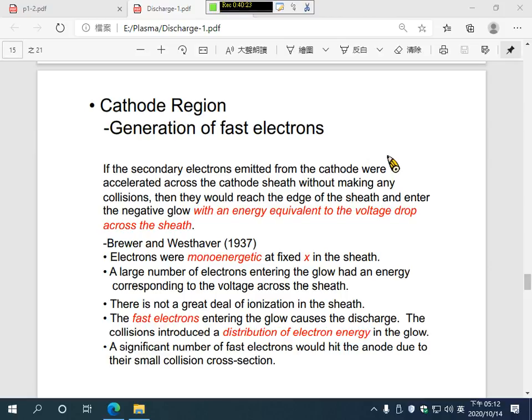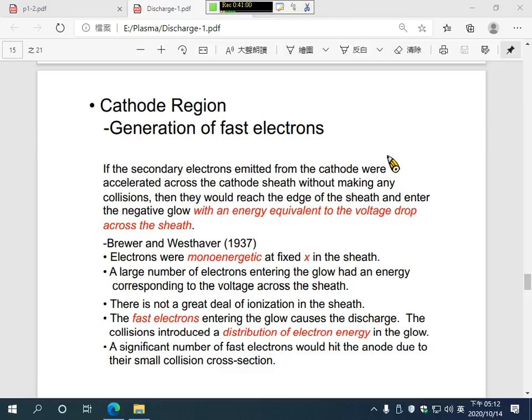And some fast electrons might enter the glow directly, and these fast electrons collide with gas atoms and generate electron and ion pairs, okay? And if there are multiple collisional processes, after all, you can find out the electron energy distribution will eventually follow the Maxwellian distribution.